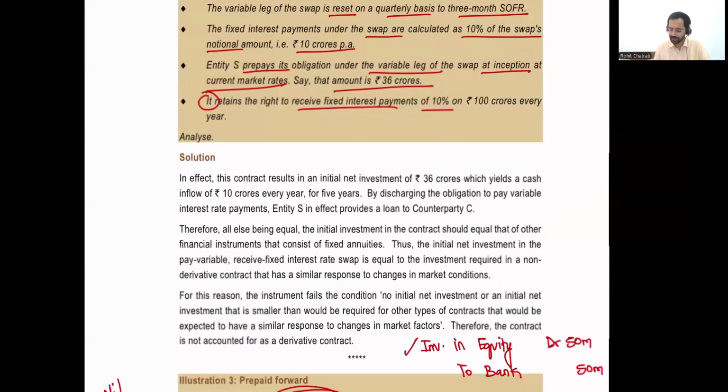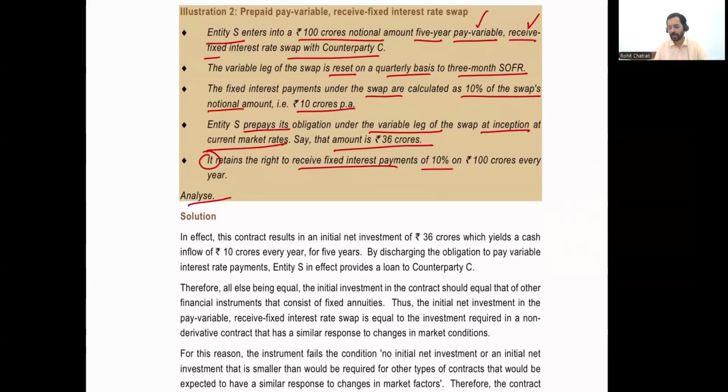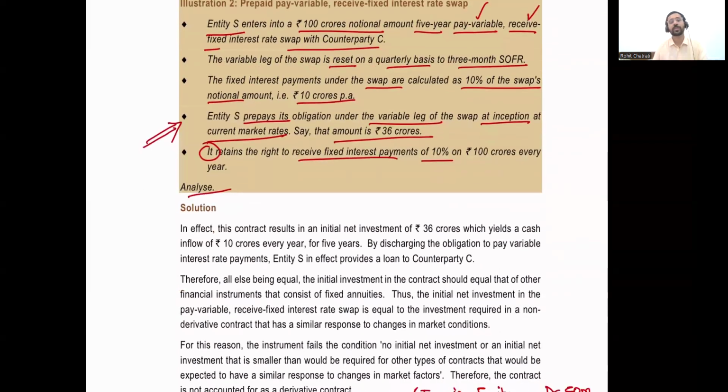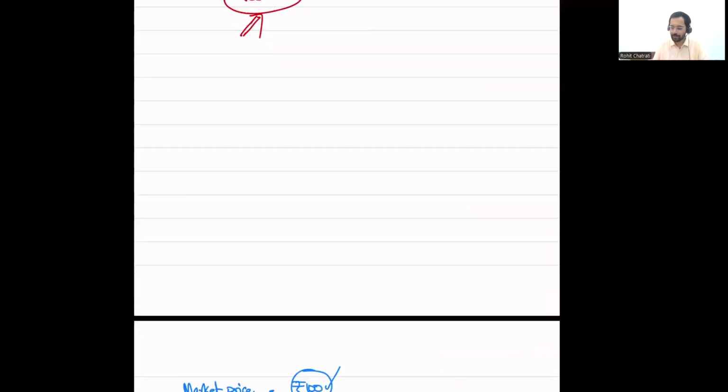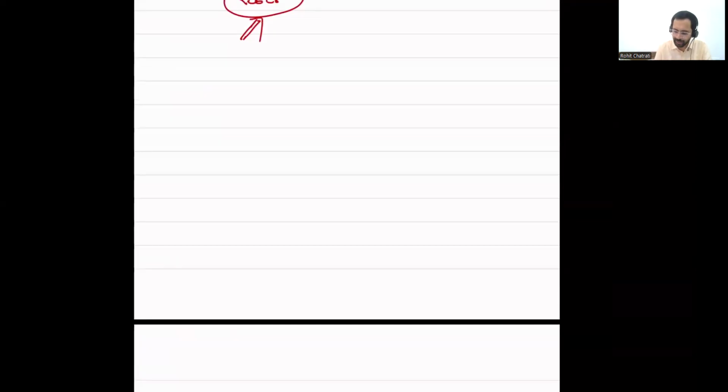All right, so entity S basically continues to have the right to receive 10 percentage every year. The question is analyze whether this is a derivative contract or is not a derivative contract given that there is initial investment. All right, we have to see whether this initial investment is low or is not low and accordingly determine whether there is a derivative contract or not. Now, to determine whether the initial investment is low, I had basically earlier mentioned that we will be calculating the initial cash flow under the derivative contract.